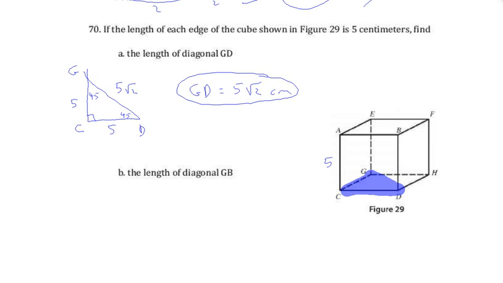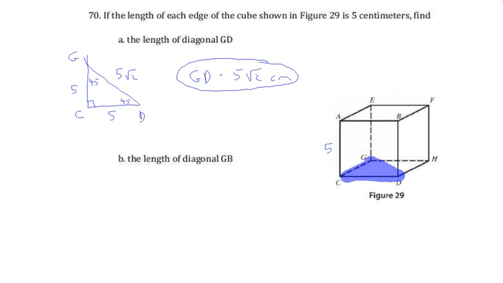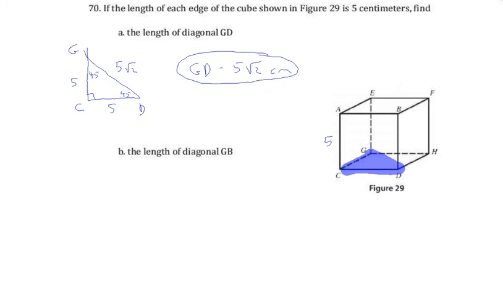Now in part B, they're asking for a different triangle, and this one's kind of cool. Let me erase the highlight there and go to a different highlight and try and show you the triangle we're looking for here. This time they want GB.